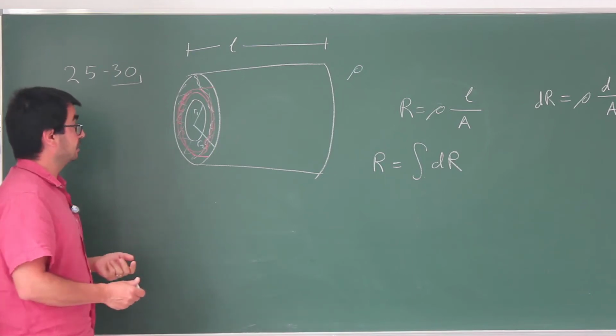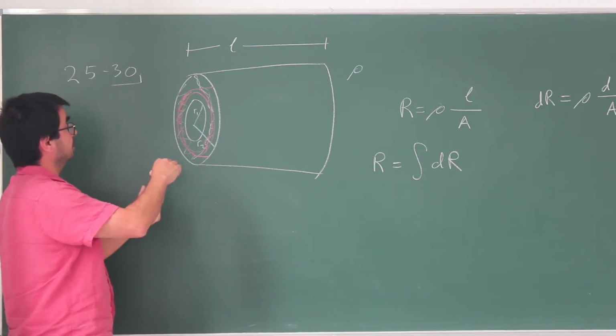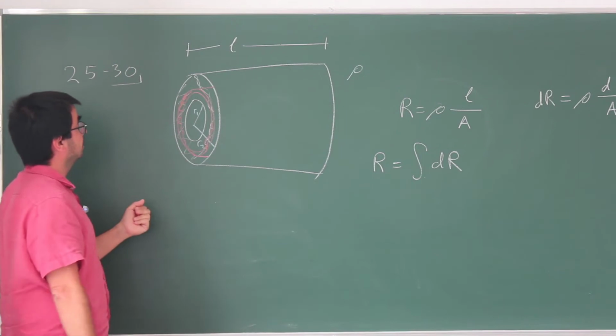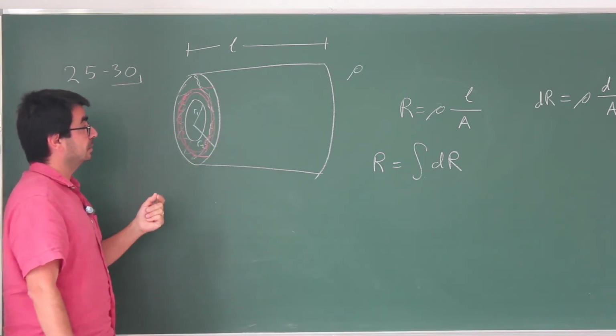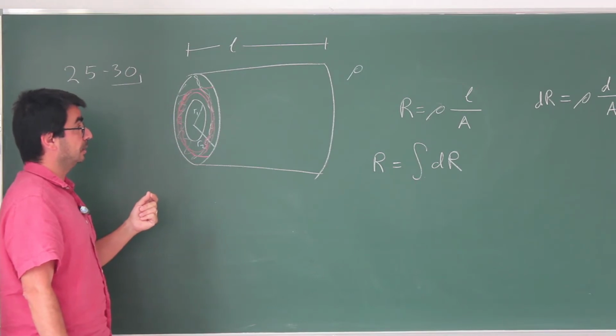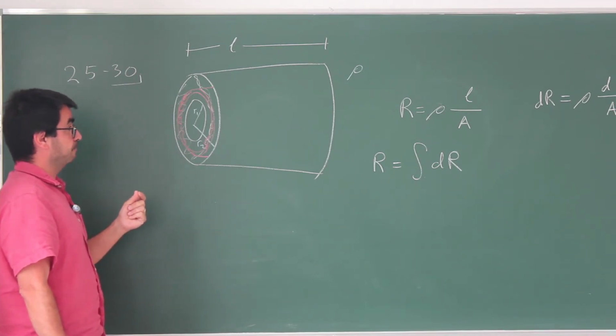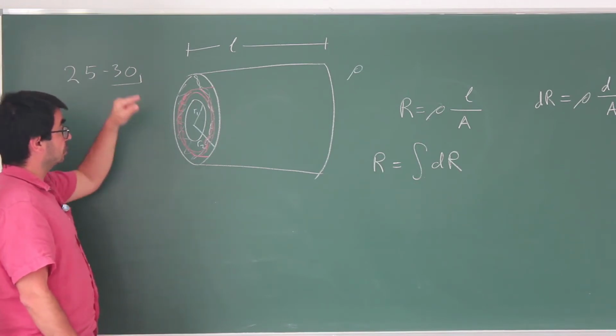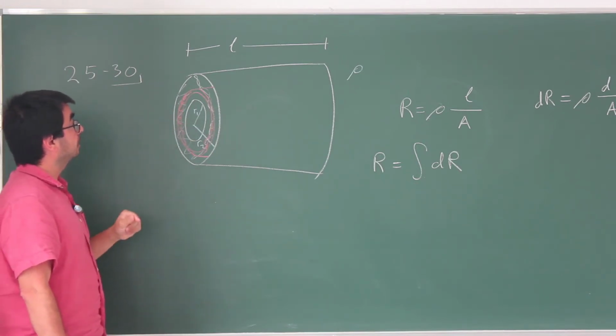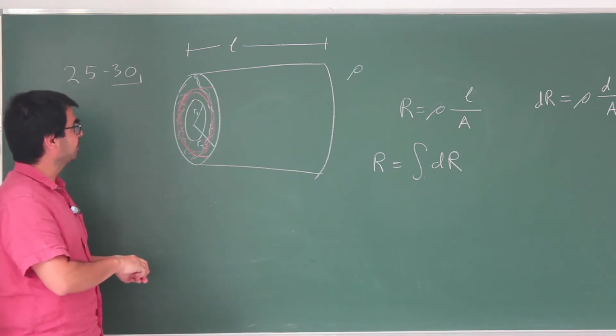So we choose some coordinate system, something like cylindrical coordinates where the z-axis is coincident with the axis of these cylinders. Then that is going to be just the radial direction. This dl is going to correspond to dr. And the area, as I said, is going to correspond to the circumference times the length of the cylinder.